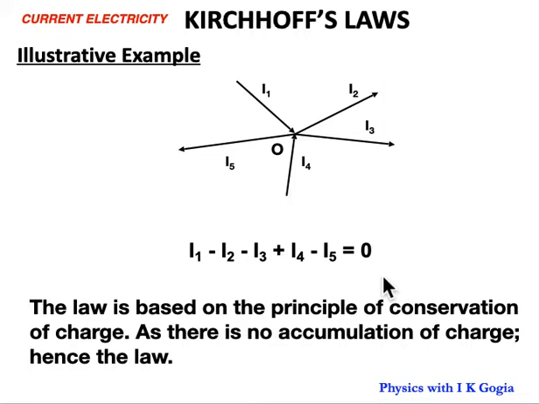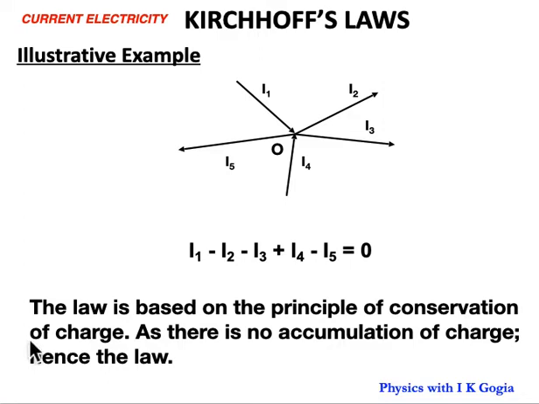The law sometimes is also stated as: at a junction the incoming currents are equal to the outgoing currents, which you can easily see from this equation. If we transpose negatives to the right side, you will have incoming current equal to outgoing current.